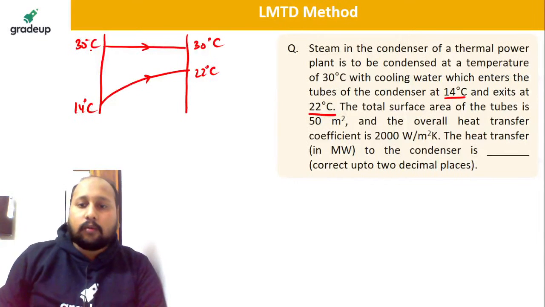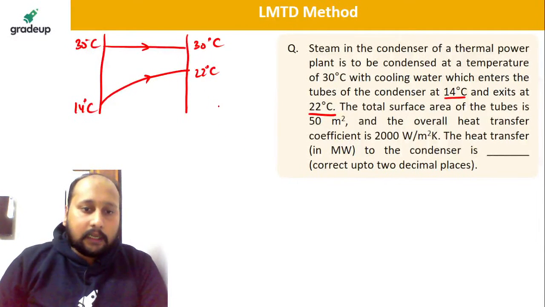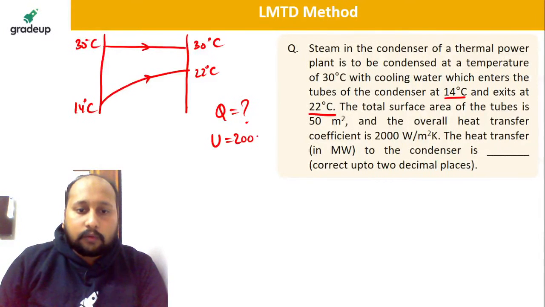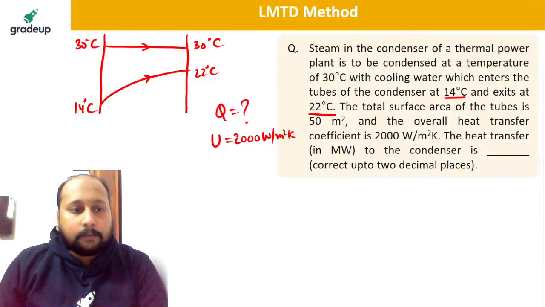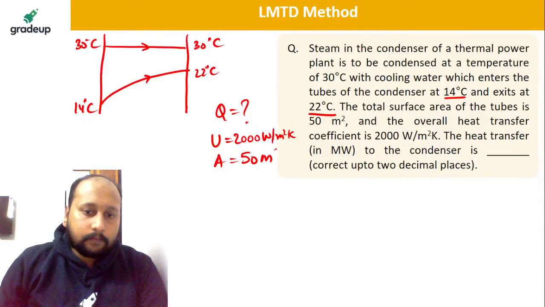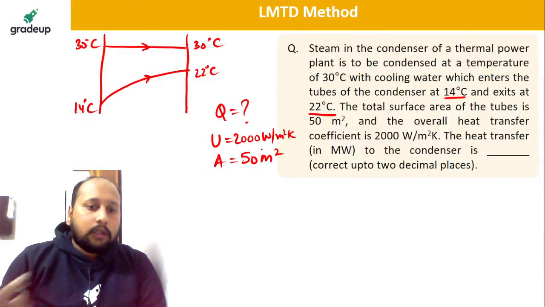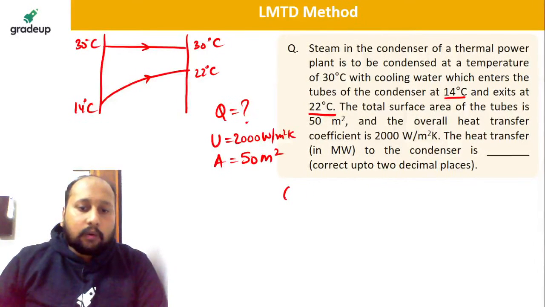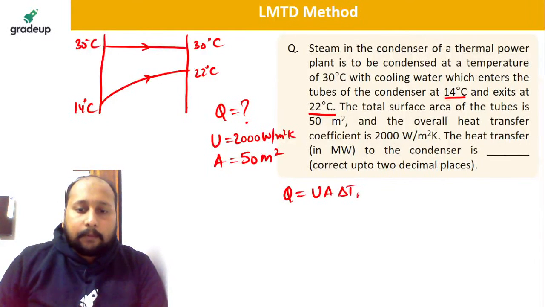You have to calculate the heat transfer. U value is given as 2000 watt per meter square Kelvin, and area is given as 50 meter square. So quickly, you know that Q is equal to UA into delta Tm.